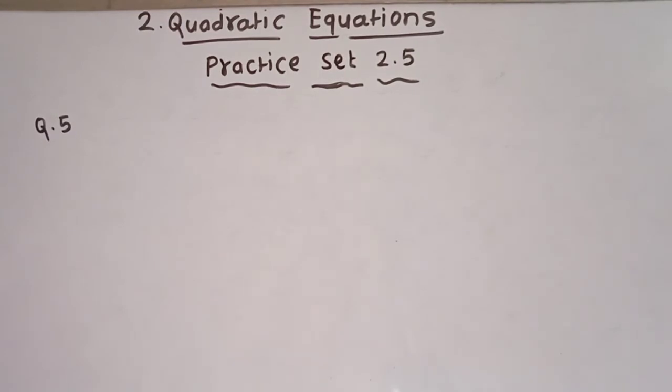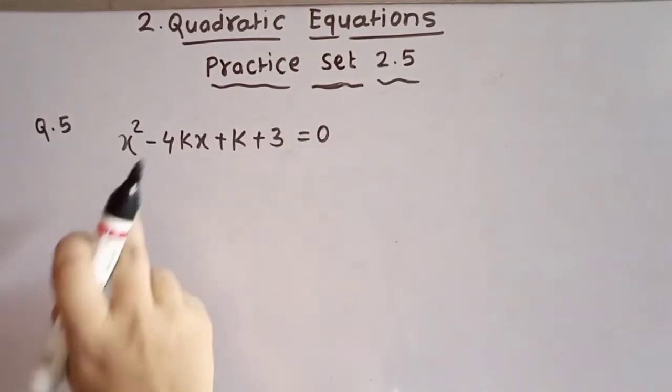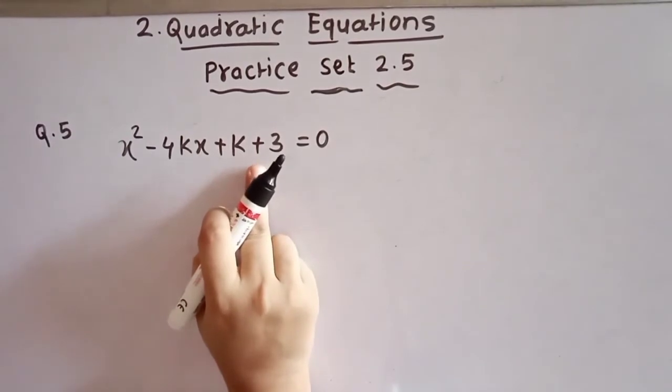Now, fifth question is what? Question is, sum of the roots of a quadratic equation is double their product. Find k if the equation is x square minus 4kx plus k plus 3 is equal to 0. So this is the given quadratic equation.